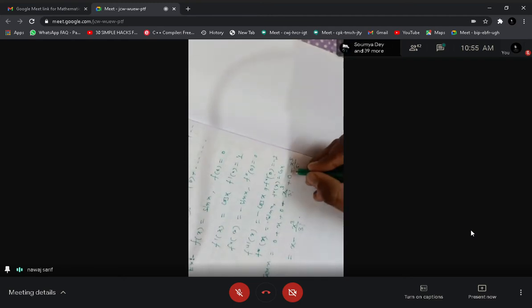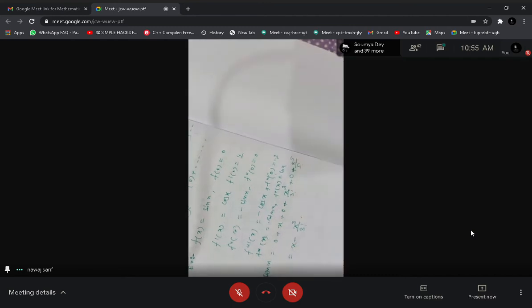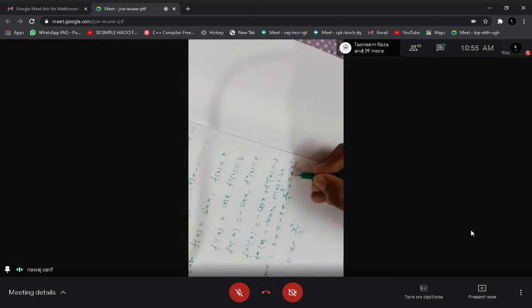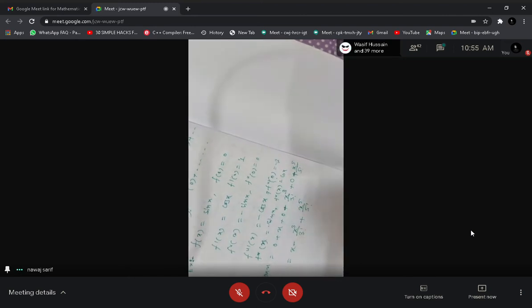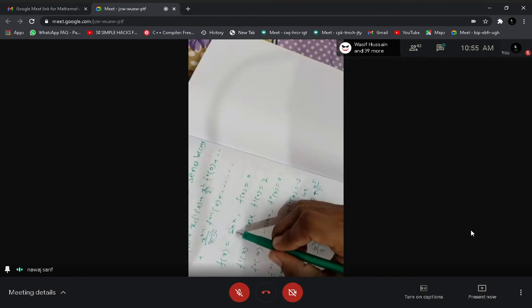And f fifth order is what? Cos x. So this fifth order term will be positive. So this one is x minus x cube by 3 factorial, then plus x to the power 5 by 5 factorial. And you know how to find the nth derivative of sin x.